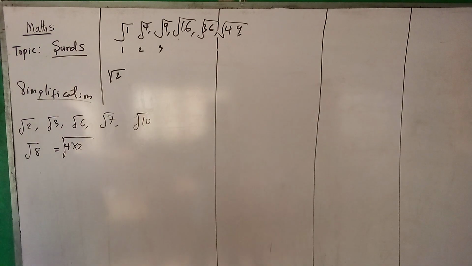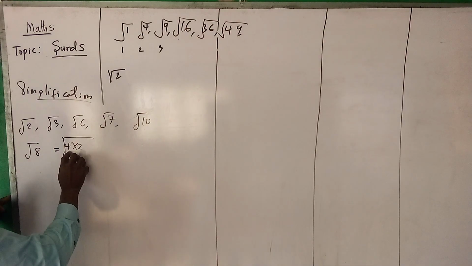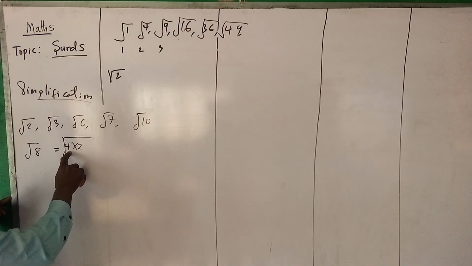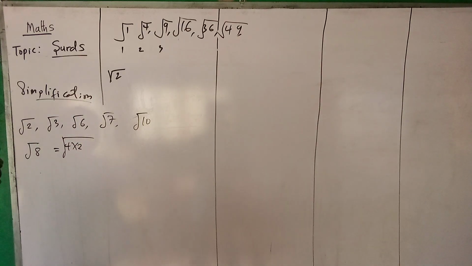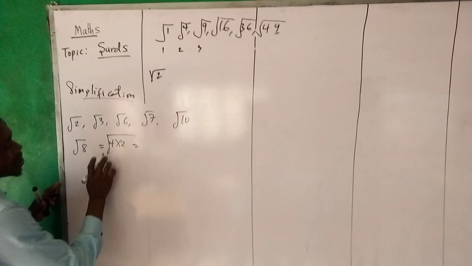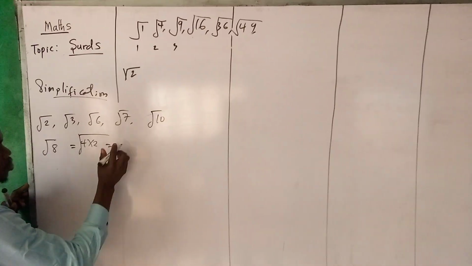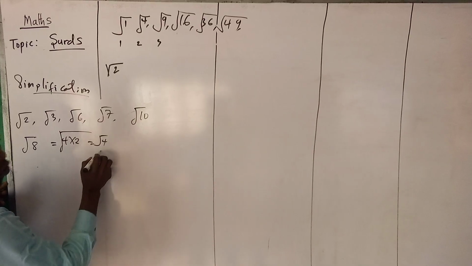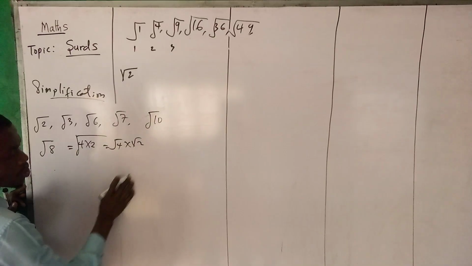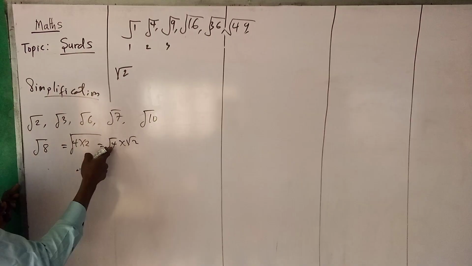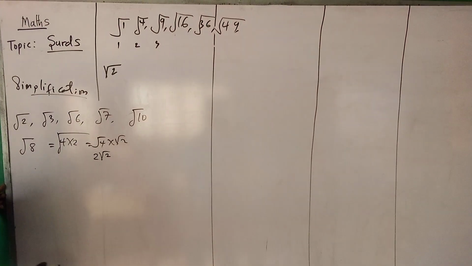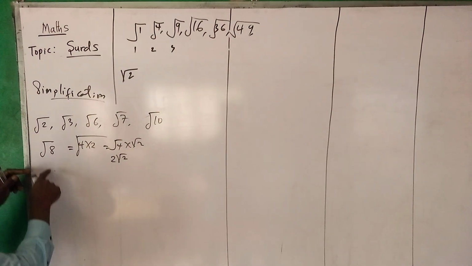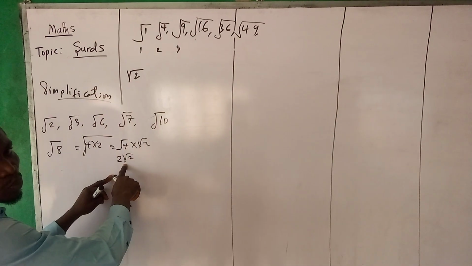And note, the purpose of simplifying a surd is so that we get one number that will still be a perfect square, whose square root will give us a positive integer, right? In this case, you can say that √(4 times 2) can still be √4 times √2, right? Now, √4, which you know is 2, and √2 stays √2 because it cannot simplify further. So you have simplified √8 to this now, right?